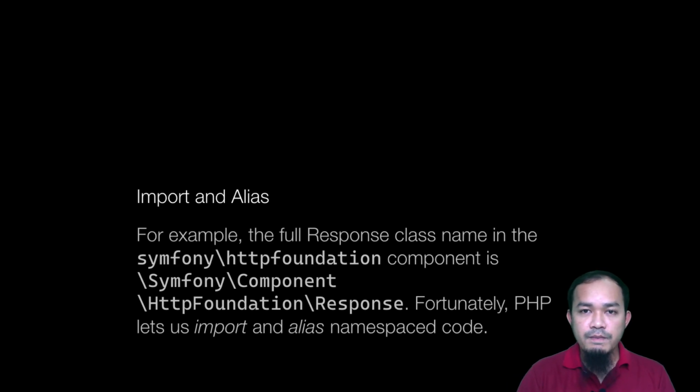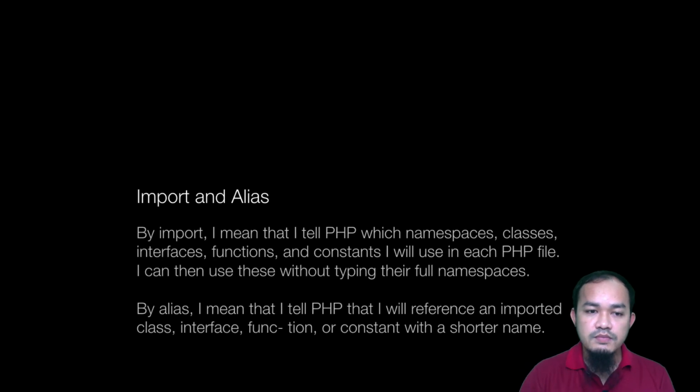By using the namespace, you can import and alias the code, and then use it. By import, it means telling PHP which namespace, classes, interface, function, or constant I will use in each PHP file. I can then use it without typing the full namespace.